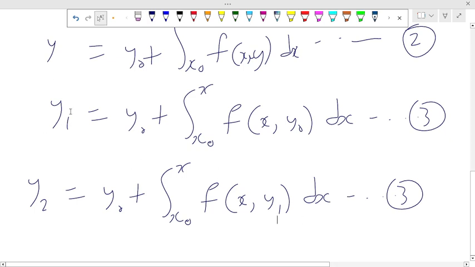When we're looking for y1, the first approximation, we replace y with y0. When we are looking for the second approximation, we replace y0 with y1. So it's just like this steps up once. If we are looking for the third approximation, here we want y2. The rest remains the same. So this is just the idea for Picard's method.